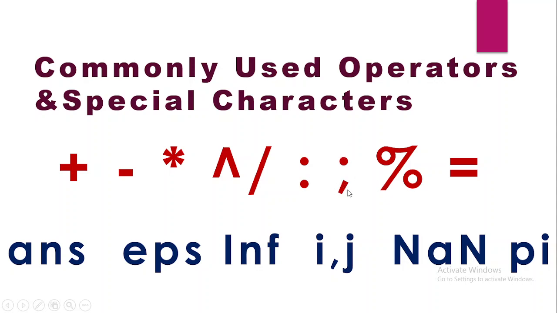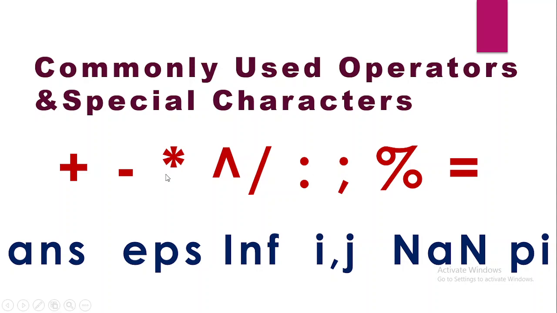Then this is the semicolon. I explained what the semicolon is used for earlier in this video. We use it to suppress display or separate columns. This is the percentage symbol. We use percentage to write comments. Then this is equal to, we use this to assign. This is an assignment operator.